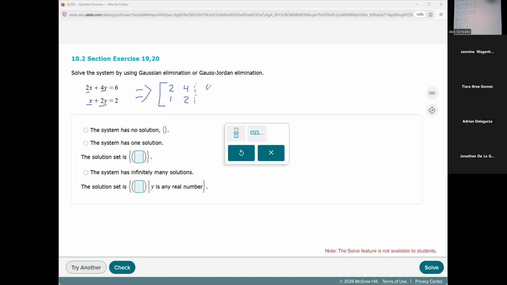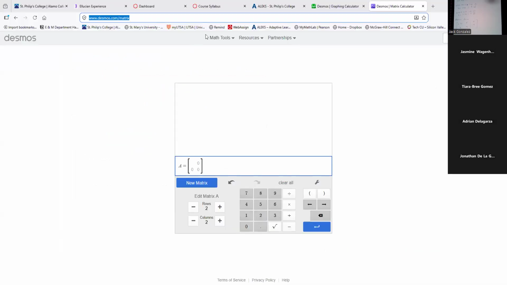And then 6 and 2 is the augmented side. Okay, so now I'm not going to make you solve these by hand because it's just a lot of work, and this is the last couple of sections in this book, so I just want you to get the answers and move on.